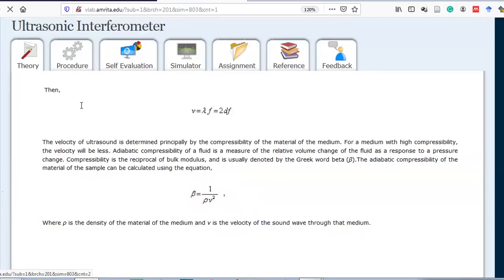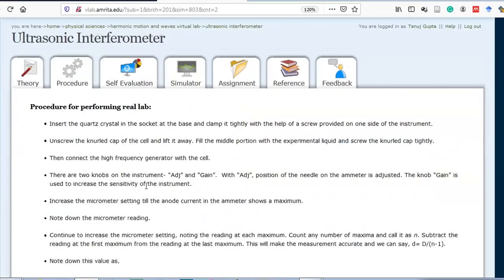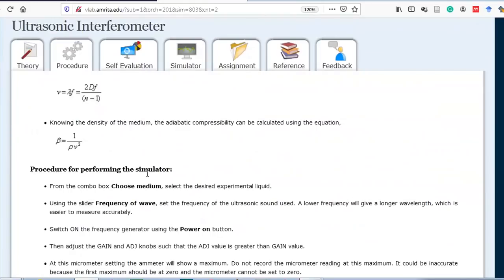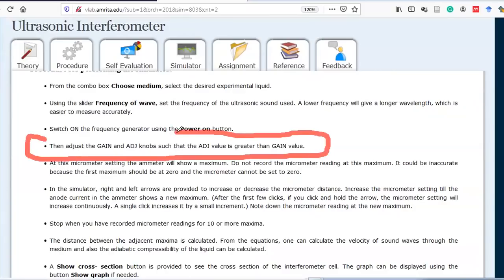Now go to the procedure. All such procedures they have given for the real lab, and for the simulator also. So I will leave it to you people, you can go through that. The only important thing which I want to highlight over here is this line: the gain and adjustment knobs which are on the setup, you have to arrange in such a manner that the ADJ value, that means adjustment value, is greater than the gain value.